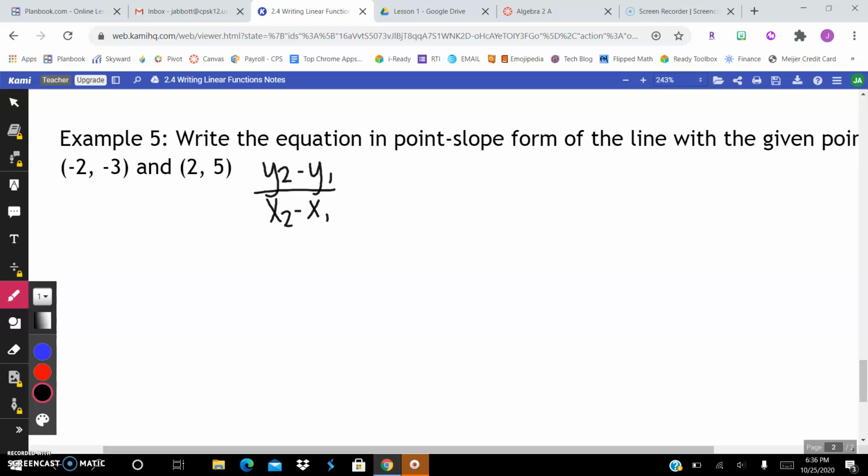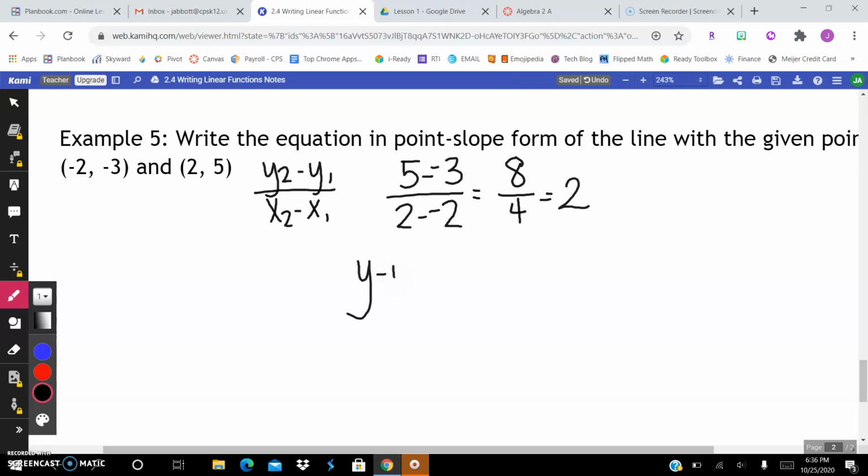So y out of the second point would be 5, minus y out of the first is negative 3. X out of the second is 2, minus x out of the first is negative 2. So really that turns into 5 plus 3, so that would be 8. And at the bottom really would be 2 plus 2, and that would be 4. 8 divided by 4 is 2.